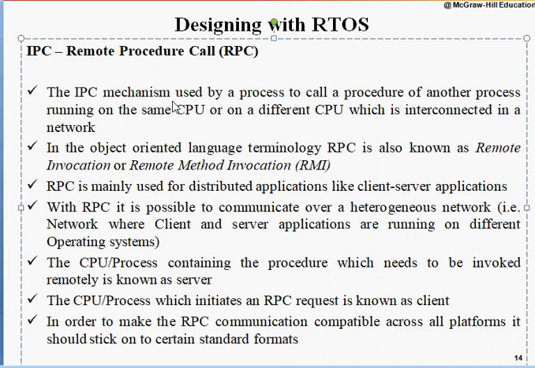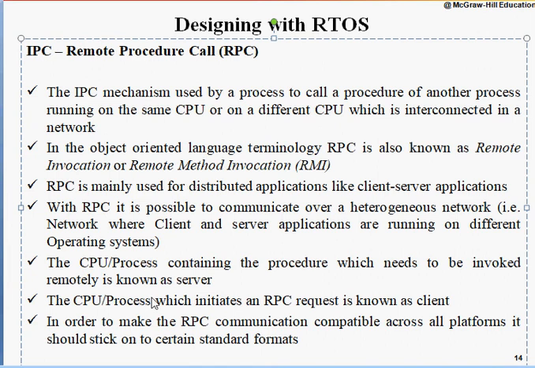The client definitely requires it. Okay, and the server might use a different operating system, and the client may use a different operating system. So how the communication happens when you're using a heterogeneous network is what I address now. Client and server applications are both running on different operating systems.